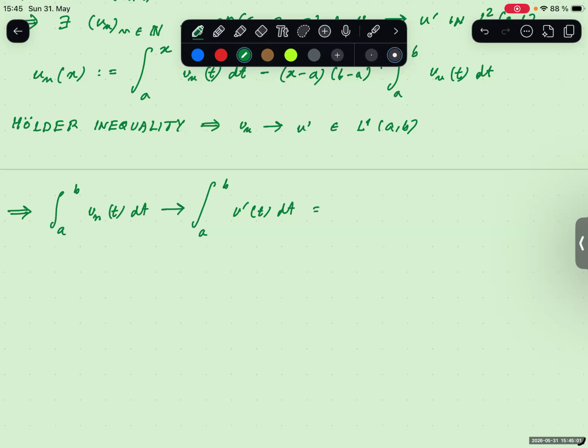and by the fundamental theorem of calculus, this gives v(b) minus v(a), which is 0 by the setup we are using.